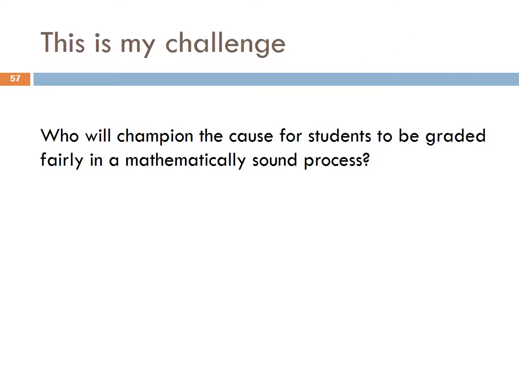This is my challenge. Who will champion the cause for students to be graded fairly in a mathematically sound process? Try it out and see which grade best reflects their proficiency, their standards-based grading. Compare the results of F equals 0 to F equals 50.